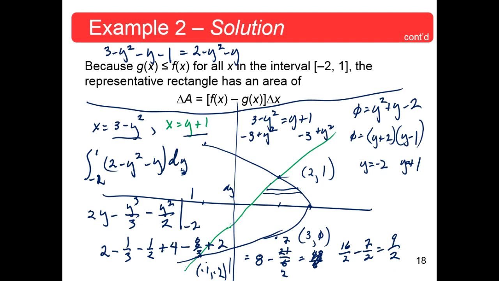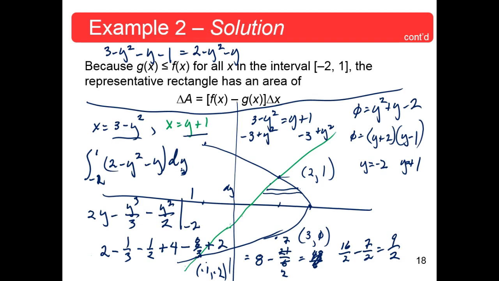All right. Let's see if that's what they get. Oh, good for them. They got it right. See how to do that. Now that one's pretty gory detail. Nothing symmetric, so it's probably a great idea rather than count on your drawing to figure out what those endpoints are. By setting those equal to each other, we got that y is equal to negative 2 and y is equal to plus 1.